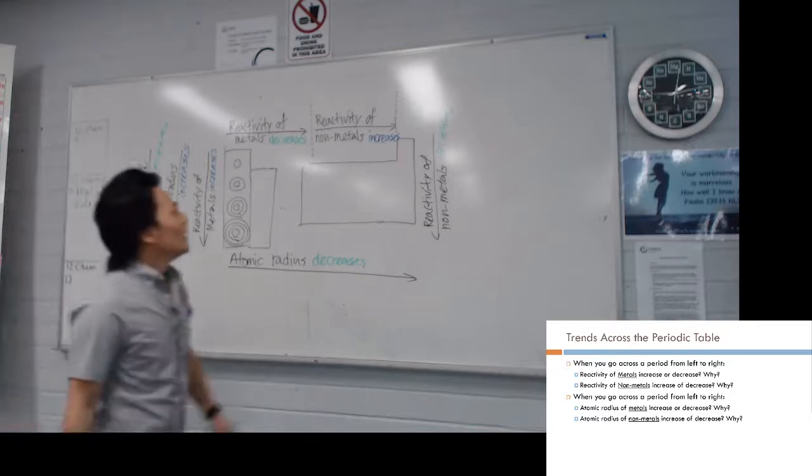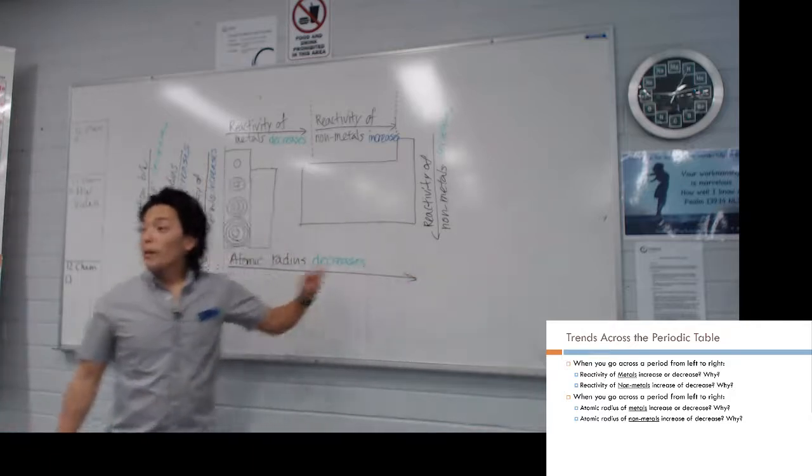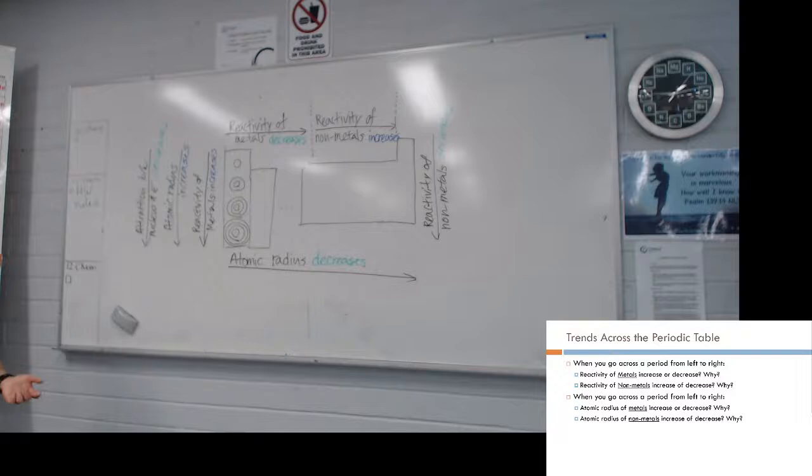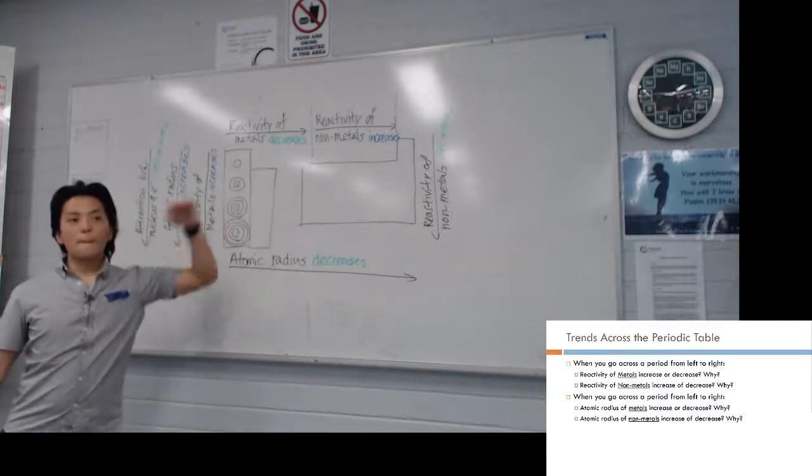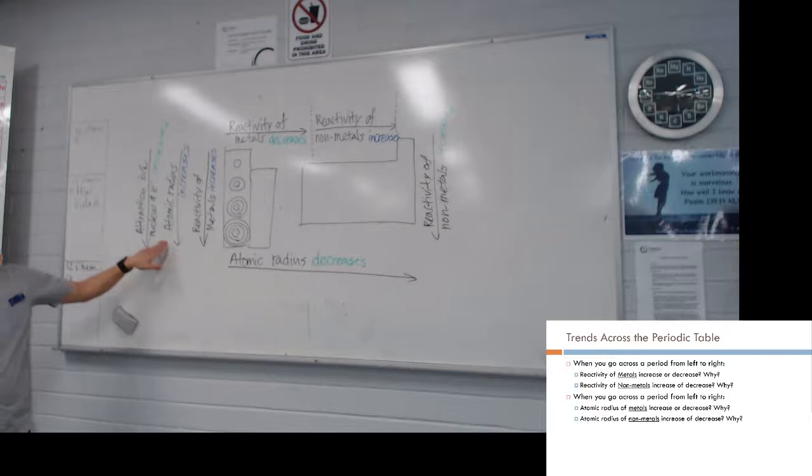For non-metals, it's just the opposite of metals. Reactivity of non-metals decreases because atomic radius still increases as you go down, meaning attraction between nucleus and electron decreases, so they can't pull another electron in.